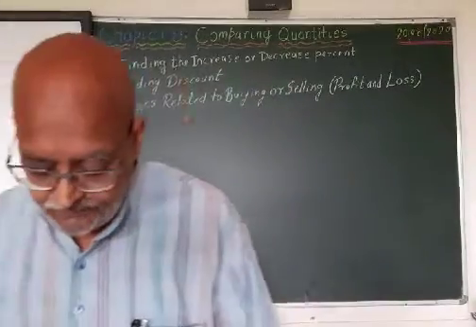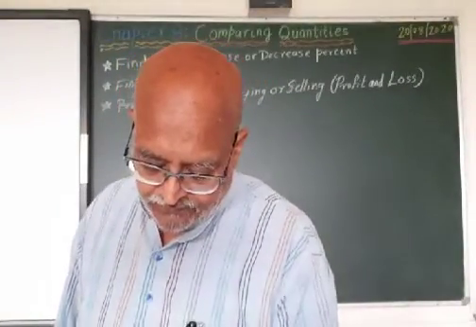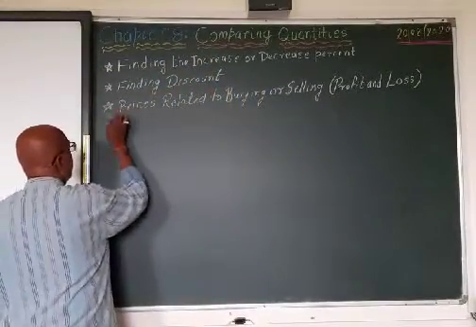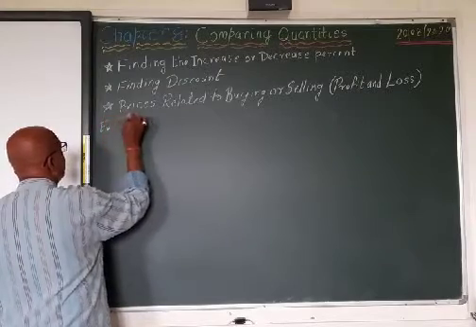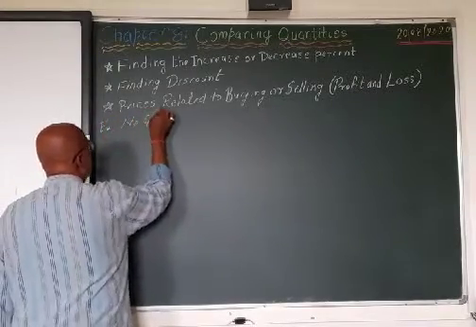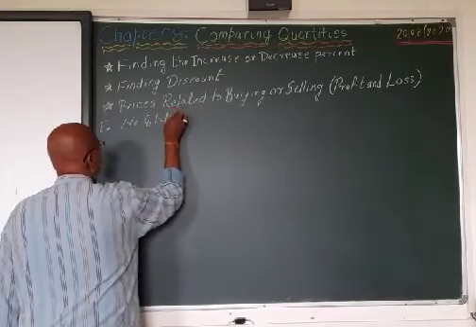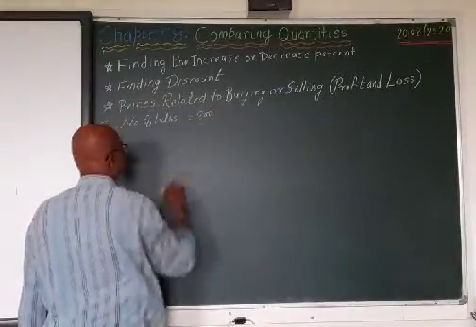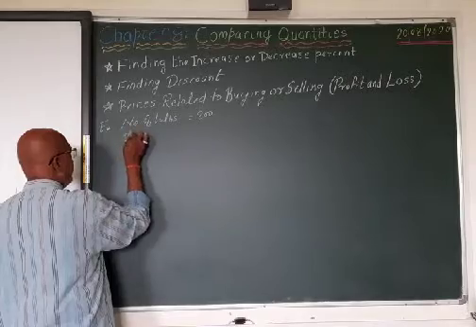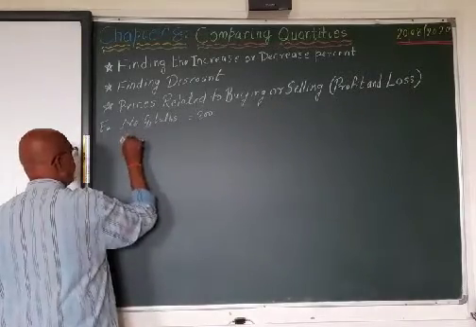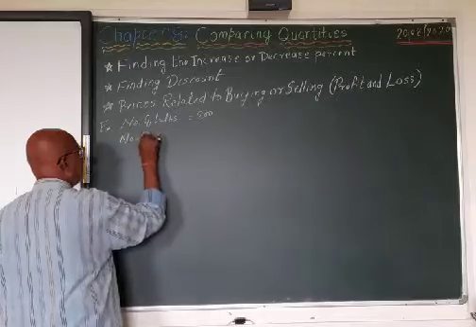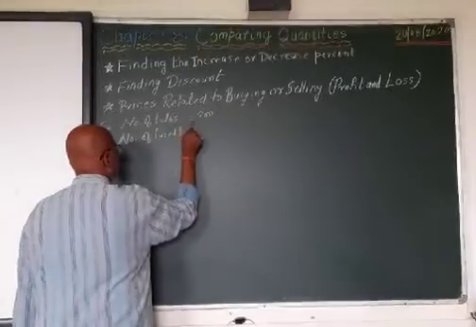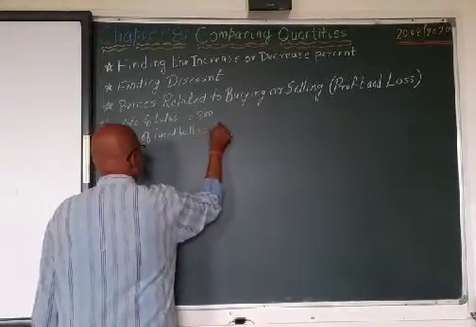So, number of bulbs is 200. Number of fused bulbs equals 5.